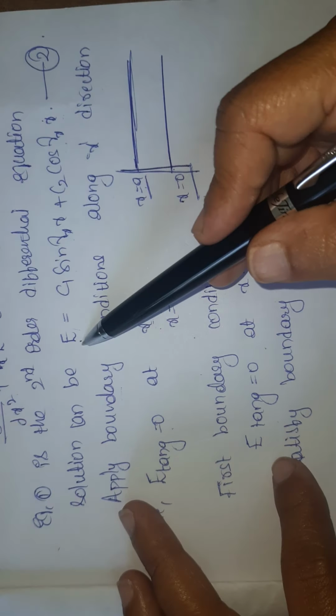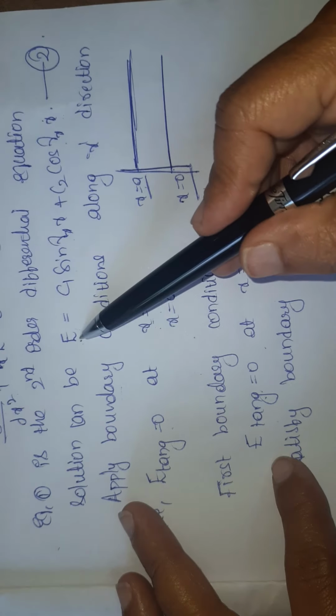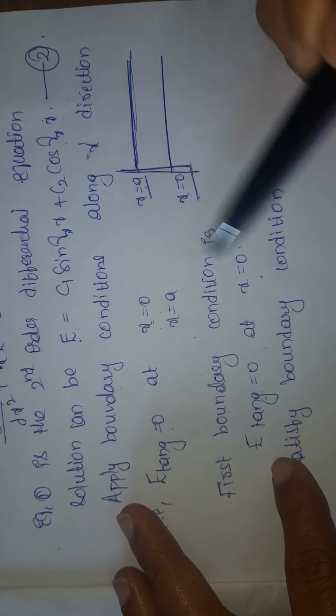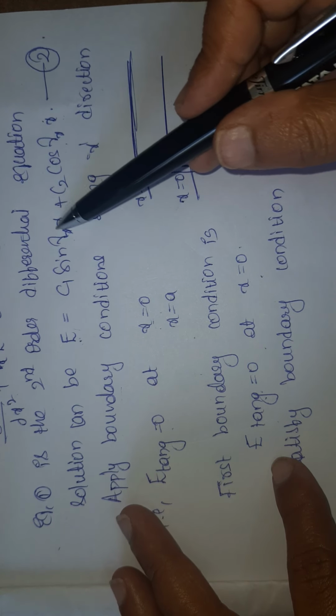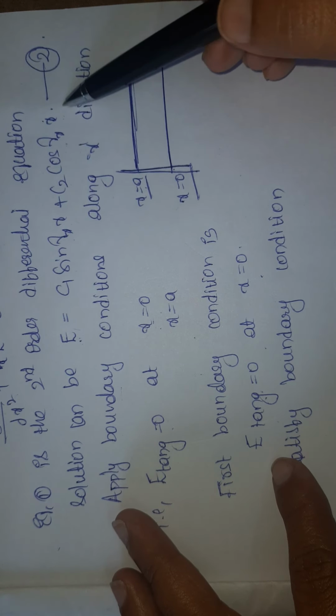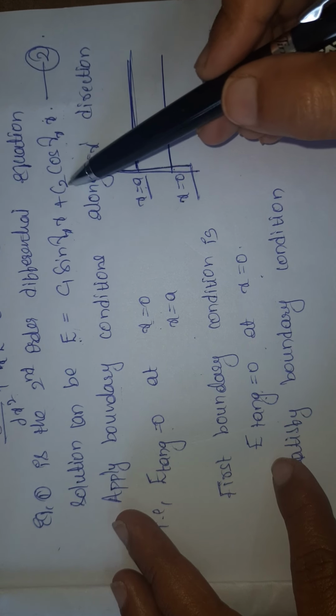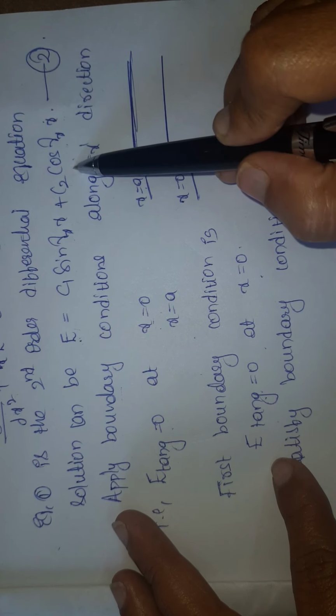See, this is electric field intensity E tangential 0. This should be 0 by substituting x is equal to 0. If I substitute x is equal to 0 here, sin 0 will be 0. But what about cos 0? It will be 1.